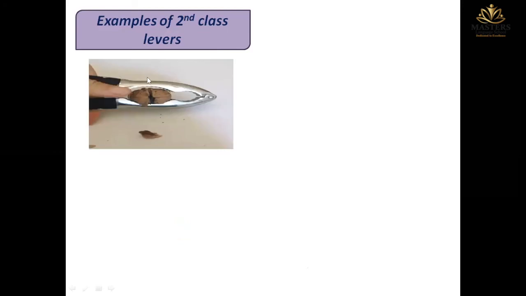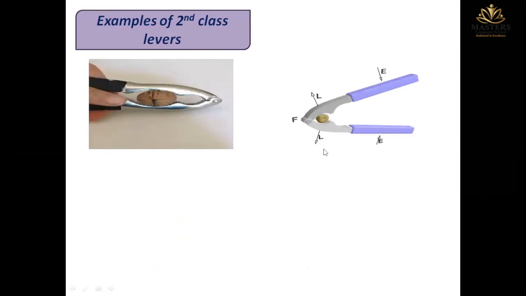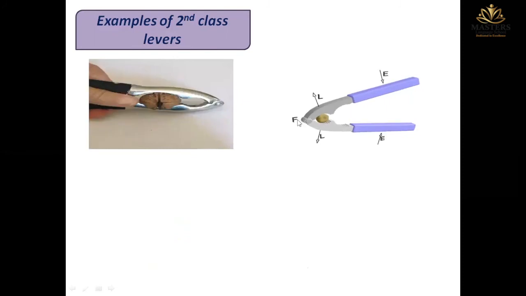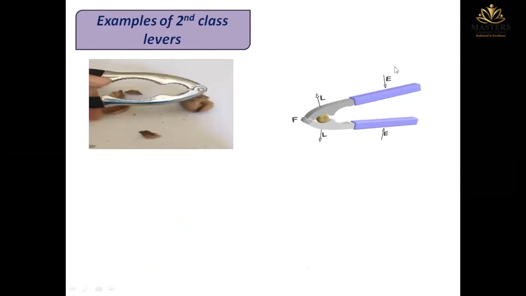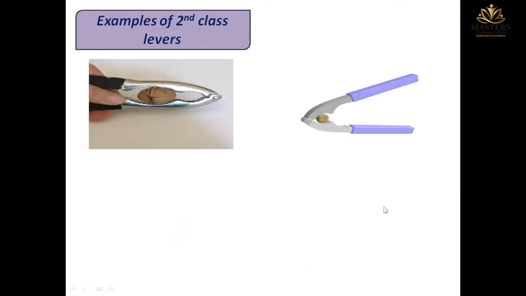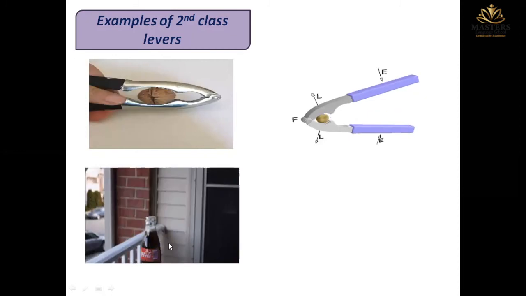From the examples of the second-class levers, the nutcracker. Let's see, in the middle there's the resistance force, between the fulcrum and the effort force, this force that's done by the person. And also the bottle opener.